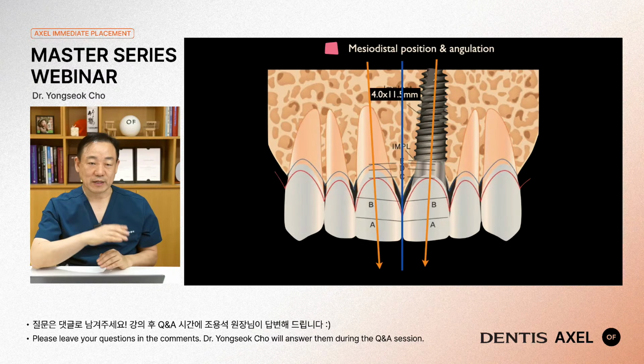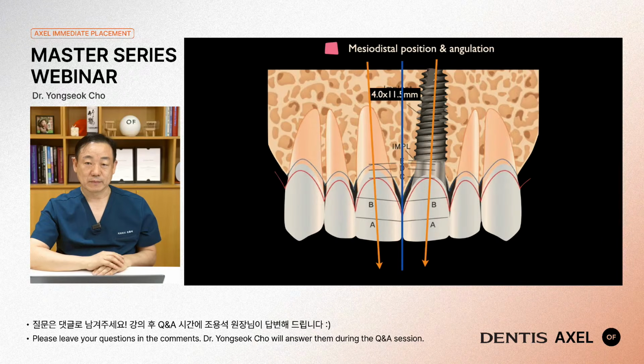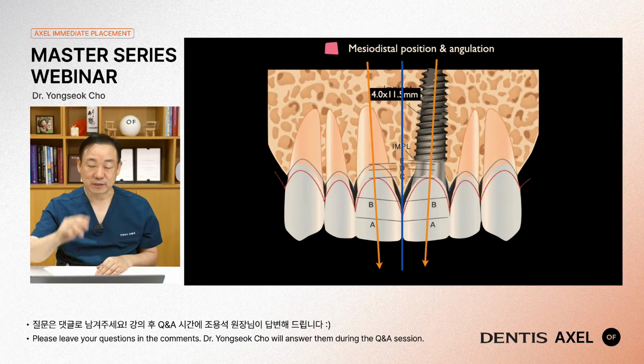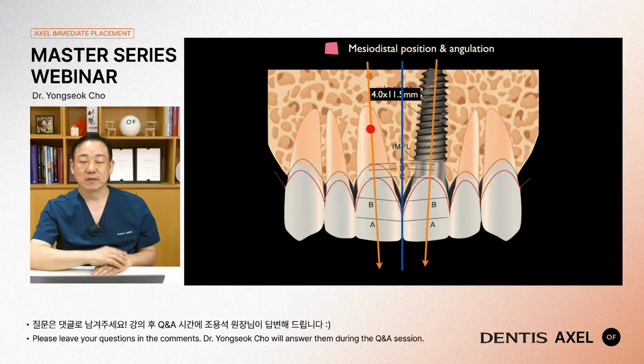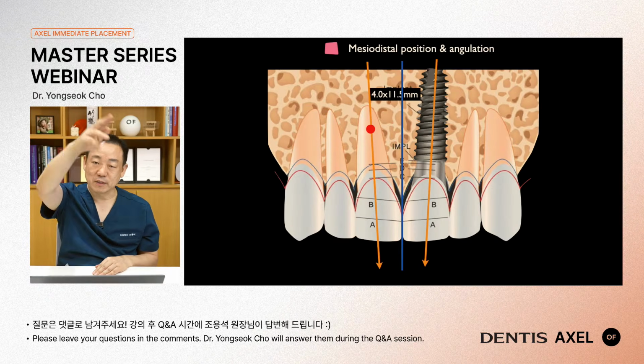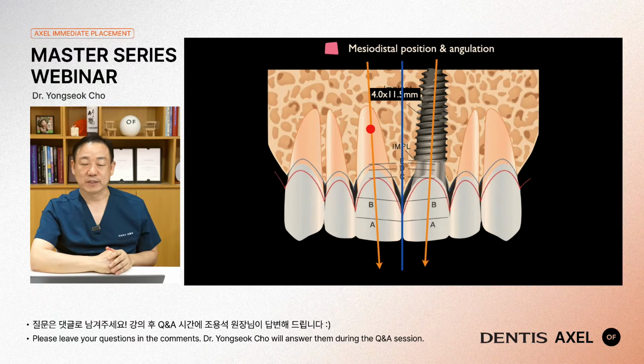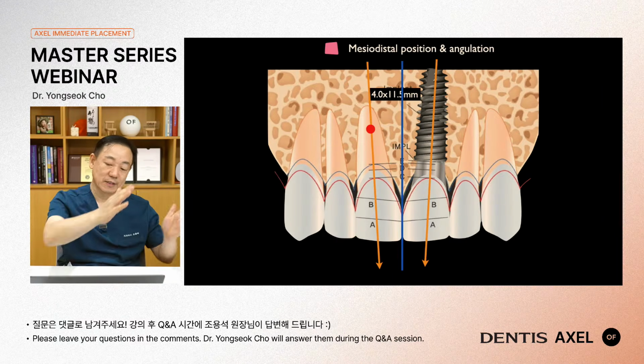And think about the entry point in this picture. Generally, when it is class 1 TPI, it should be the apical third, so the entry point should be there. Apical third, and slightly distally positioned because the root is distally tilted.